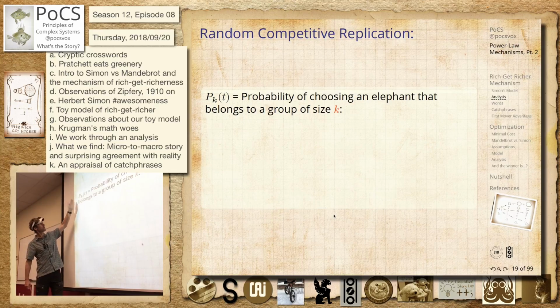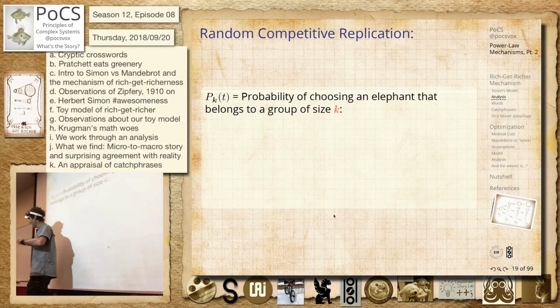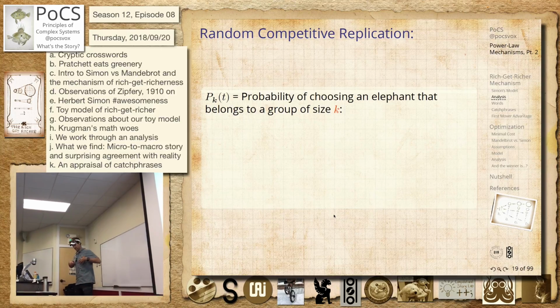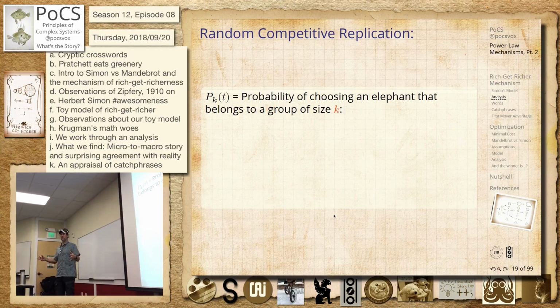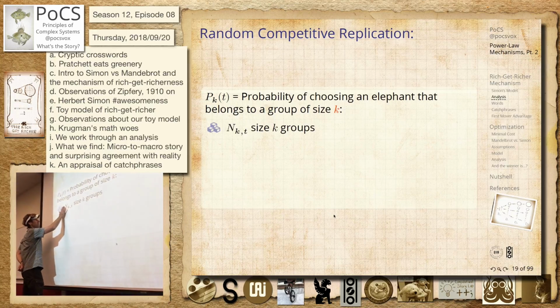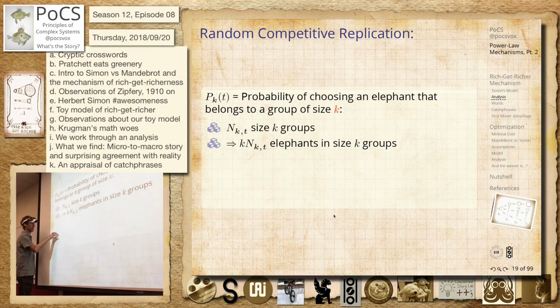And then we're going to set up this thing. We want the probability of choosing an elephant that belongs to a group of size k. As I said, we randomly choose an element and then replicate it, which makes its group bigger. So first of all, there are this many groups that have size k, by definition. This is the same as on the previous slide. So there are k times n sub k elephants in those groups, and t elephants overall.